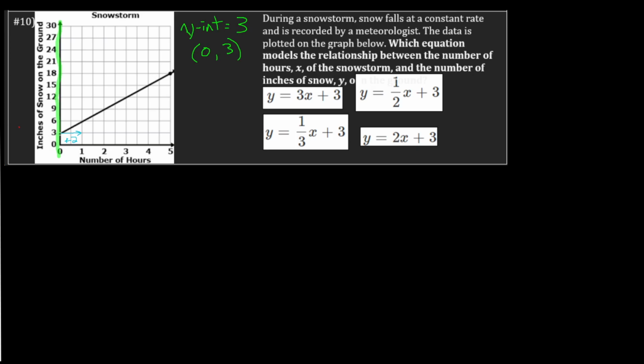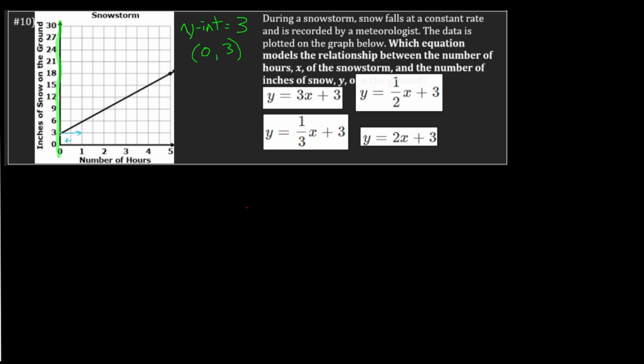If I actually look at my change in y, be careful, even though this is just 1 step, we're saying how many on the y-axis did it move. So this is actually plus 3. Let me double check this here just a second.